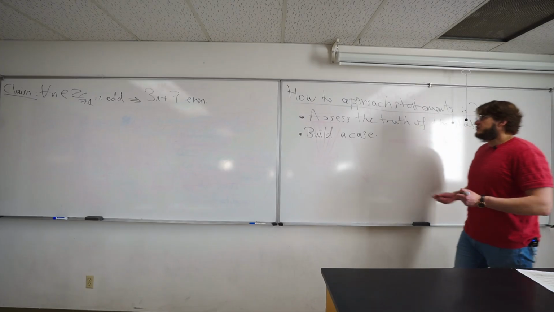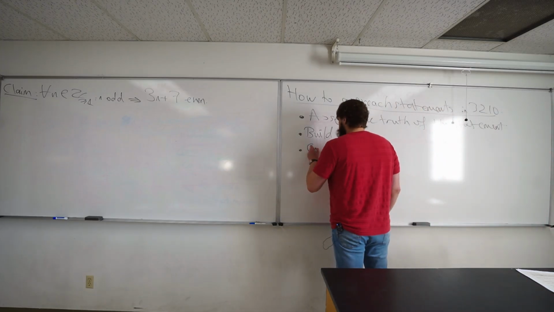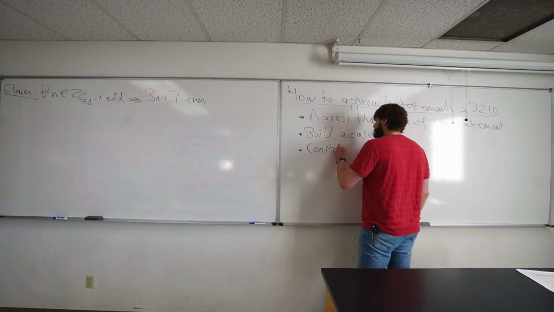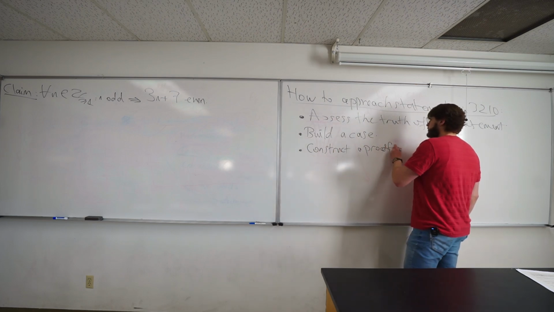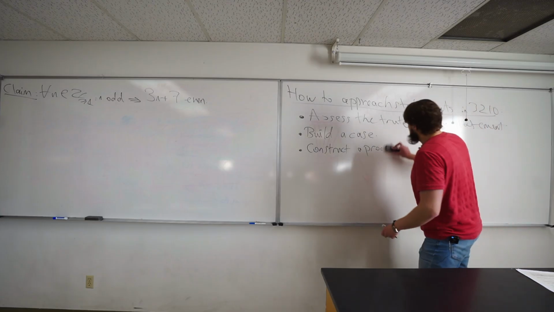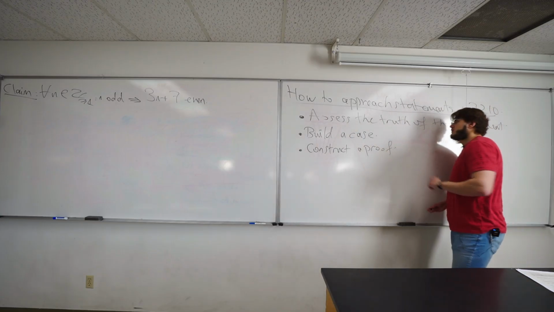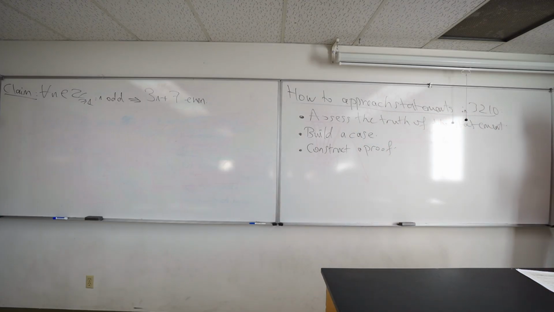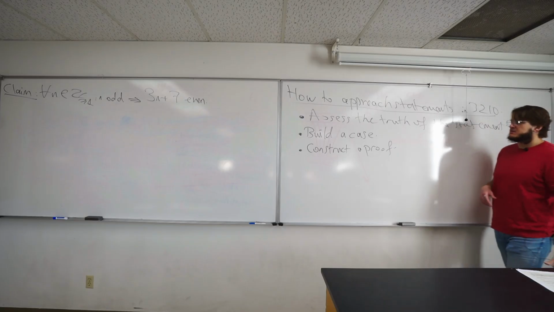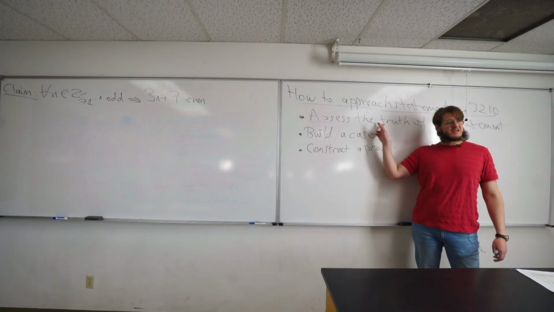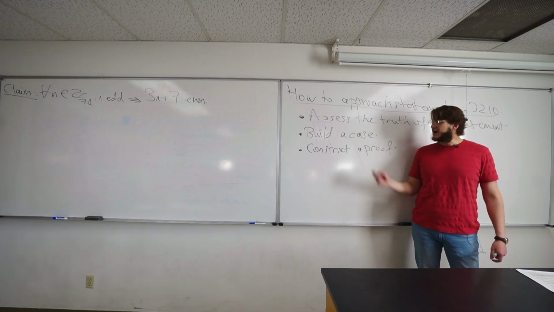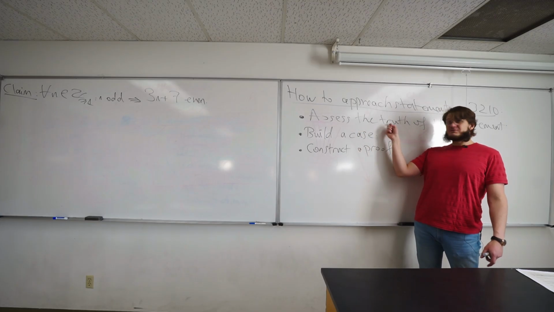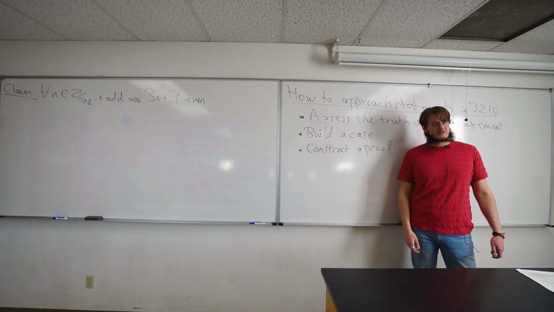Construct a proof. So this is where the formalism comes into play. You first figure out if you have a case. These two are somewhat related, of course. Often you're going to try to build a case to even figure out if your statement is correct, right?